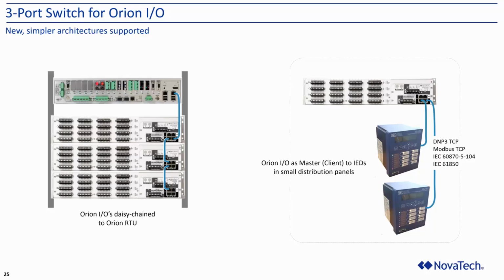Again, you have some limitations in terms of point count and connectivity. Keep in mind you only have one serial port and that unmanaged switch, so there are some limitations. But aside from that, it can work in that type of application.